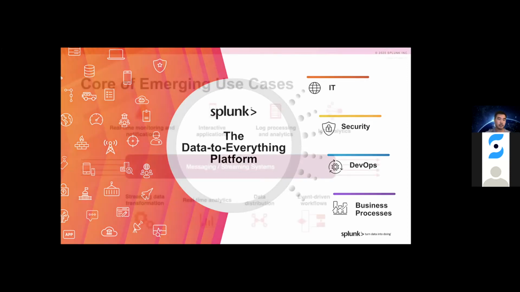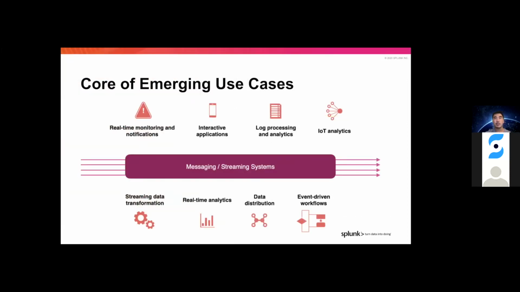Like I said before, at Splunk, we definitely realize the potential and need for stream processing, especially due to the rise of several popular use cases that I have depicted here.